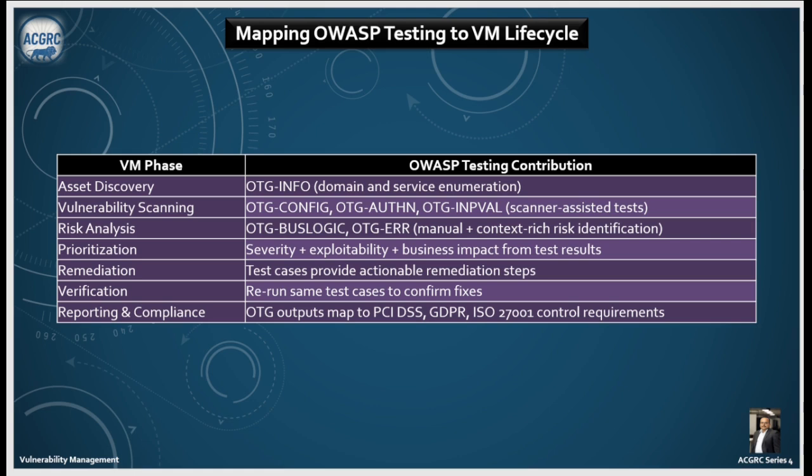Client-side and error handling tests also detect weaknesses missed by traditional scanners. OWASP shines in this phase by going deeper than an automated tool.